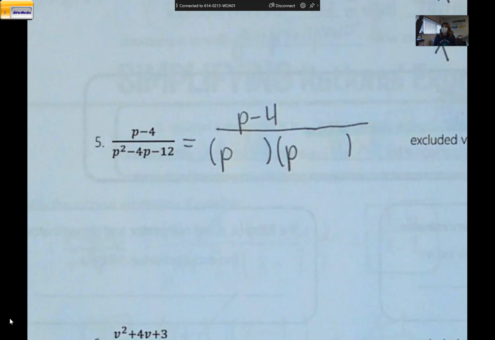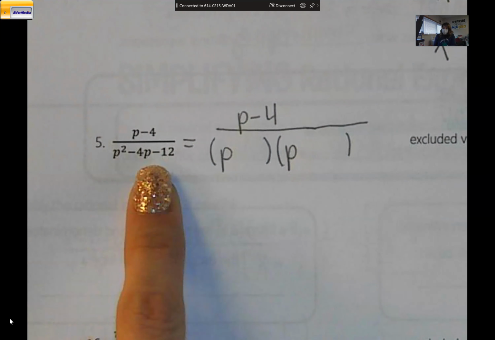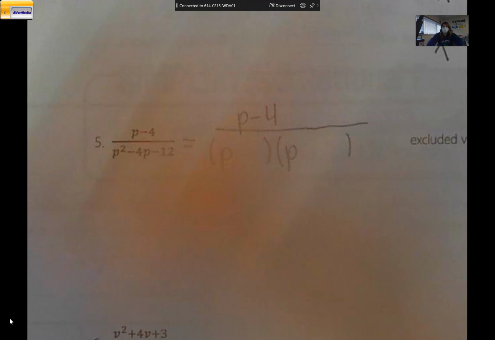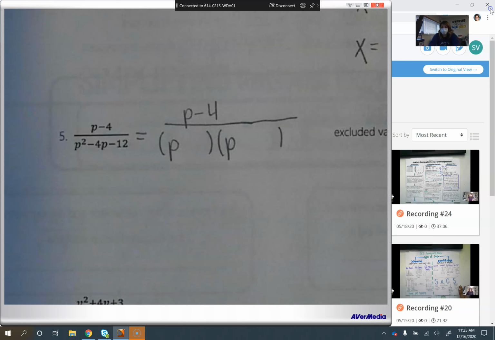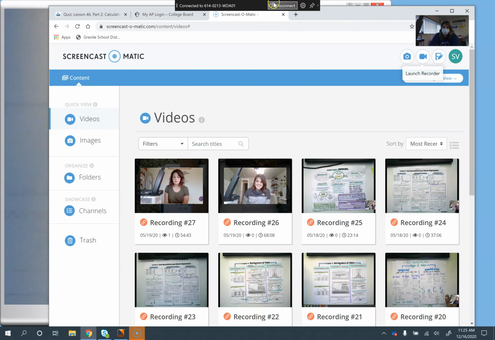You had to use Desmos to figure out what p squared minus 4p minus 12 factors to. So remember, what we did was we would go into Desmos. Now for Desmos, you have to plug in an x, not a p.